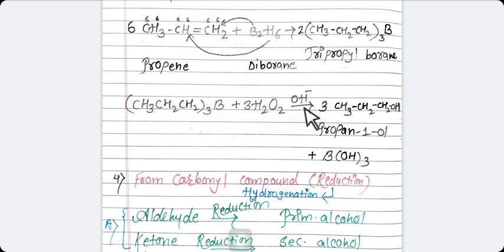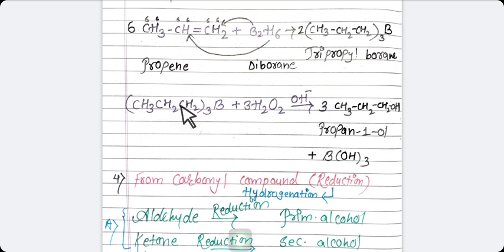See here on the arrow, I am writing OH minus, meaning an alkali is present on the arrow. Normally dilute sodium hydroxide is used in this reaction. It means that tripropylborane is oxidized to an alcohol by hydrogen peroxide in presence of dilute sodium hydroxide, or you can write here on the arrow OH minus.